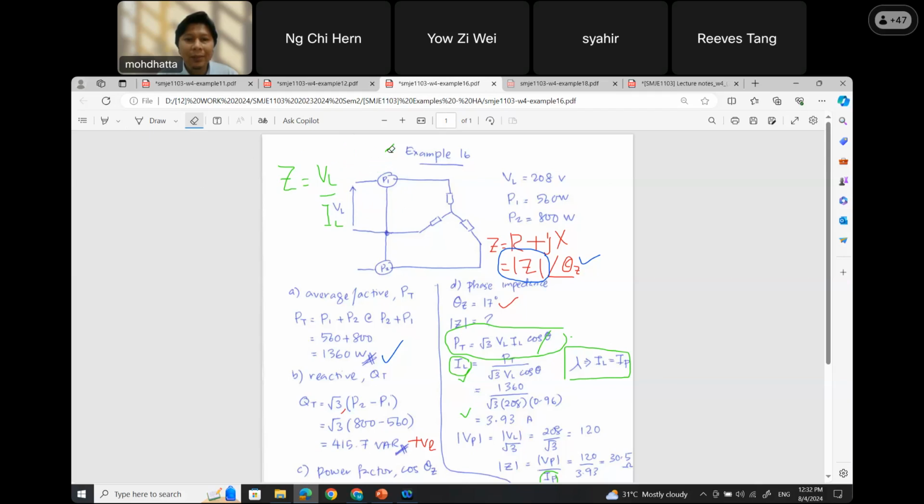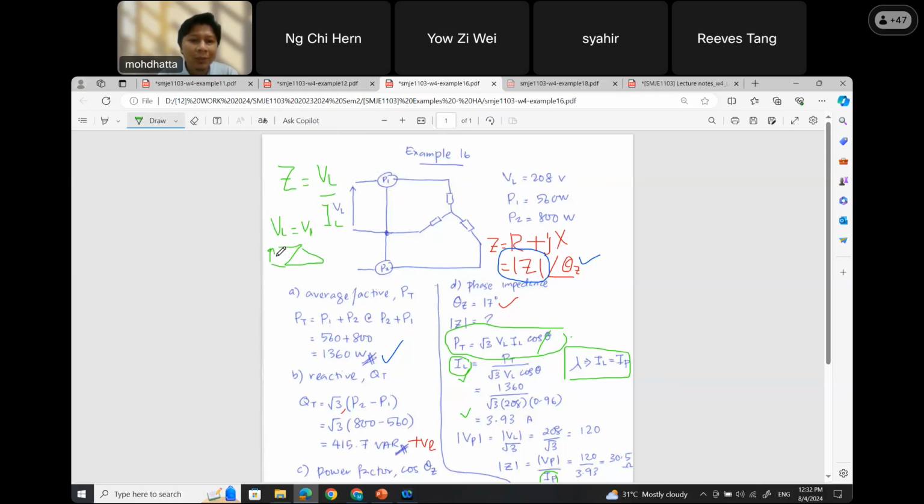And if this is a delta connected load, you also cannot use this formula straight away. Why? Because in delta, the line voltage is the phase voltage. We can say that V line equals V phase for delta.